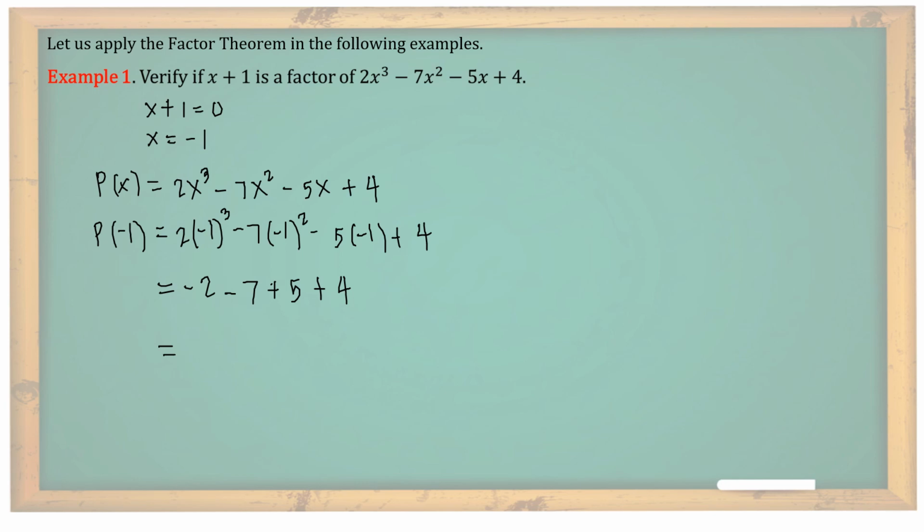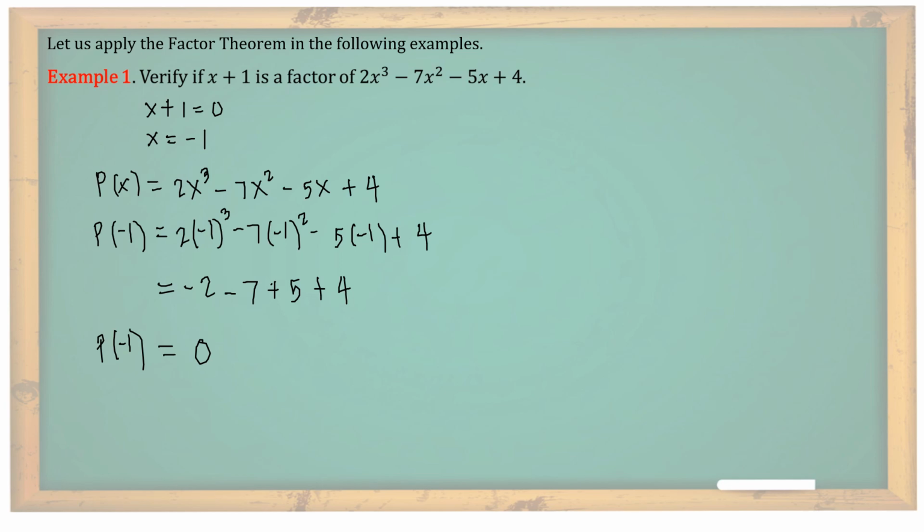So kapag ito ay 0, ibig sabihin si x plus 1 ay factor ng ating P of x. So negative 2 minus 7 is negative 9. Negative 9 plus 5 is negative 4. Negative 4 plus 4 is 0. Ayan.